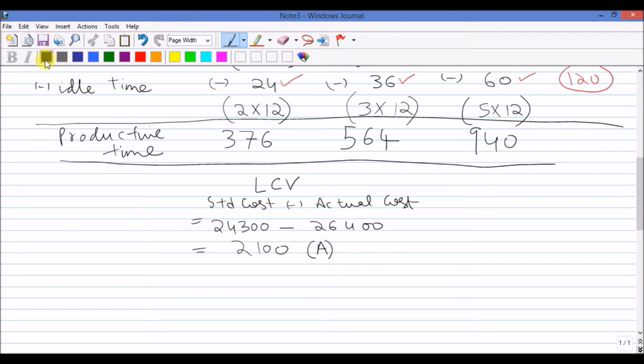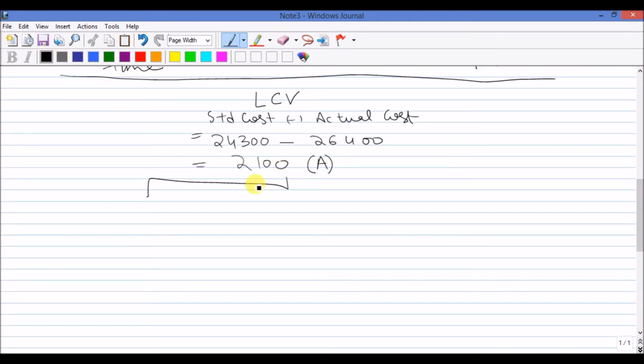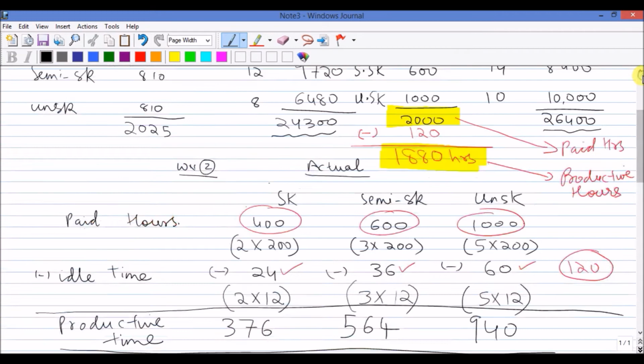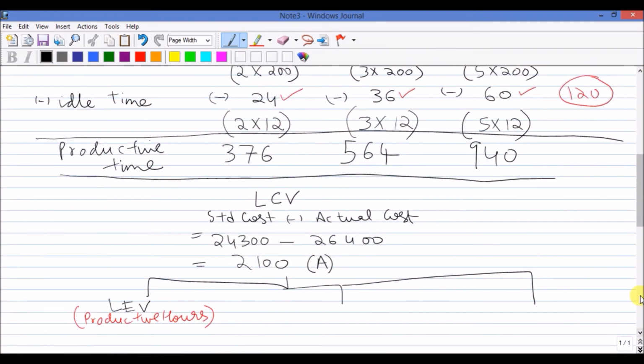Now we are going further. Now it is divided into 3 parts. One is called labor efficiency variance, and I've already told you all that this will always be productive hours, since efficiency is related to the actual number of hours you have worked. So how much is the productive hours? Okay, we have the productive time, so I'm highlighting this.